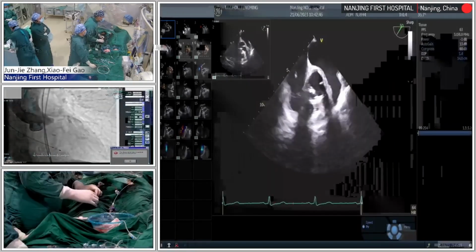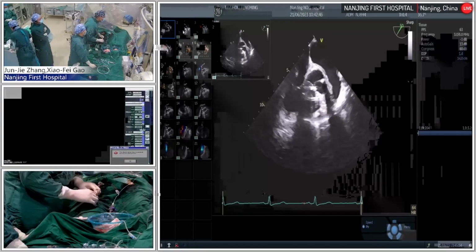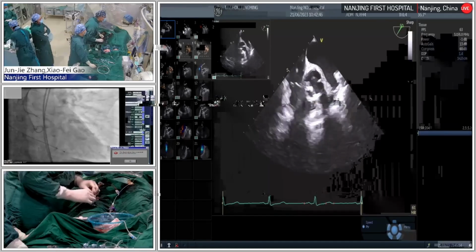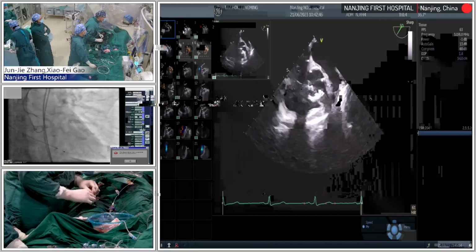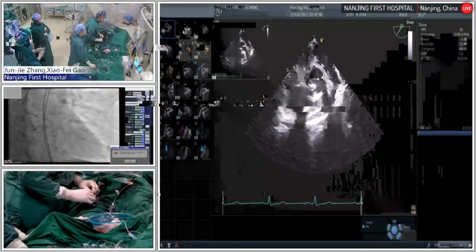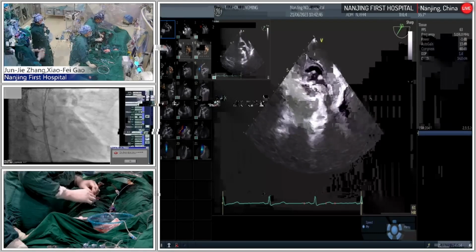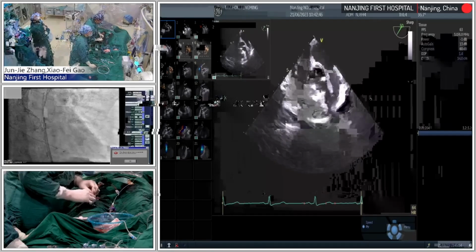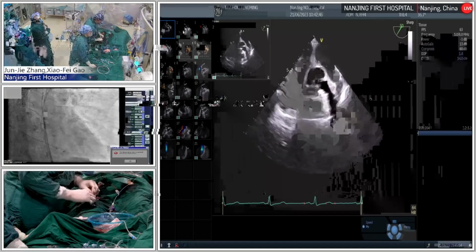We studied from the West, and it's only 2-3% in Western countries. So in China, I think it is 10 times the rate of bicuspid valve compared to the West.